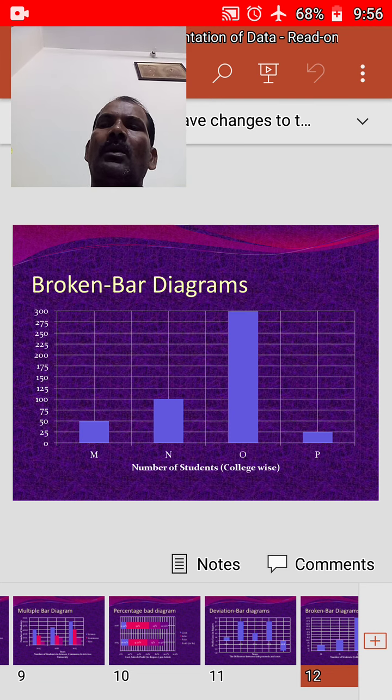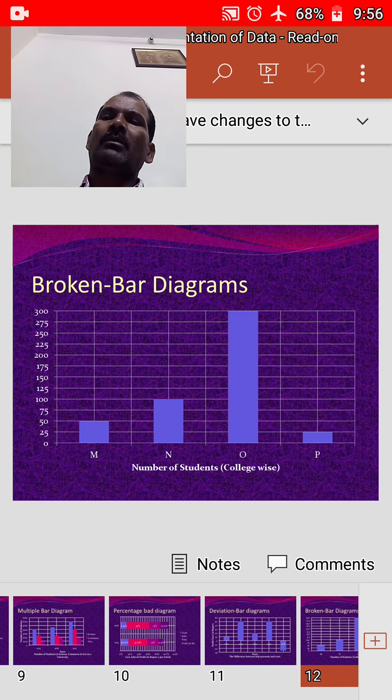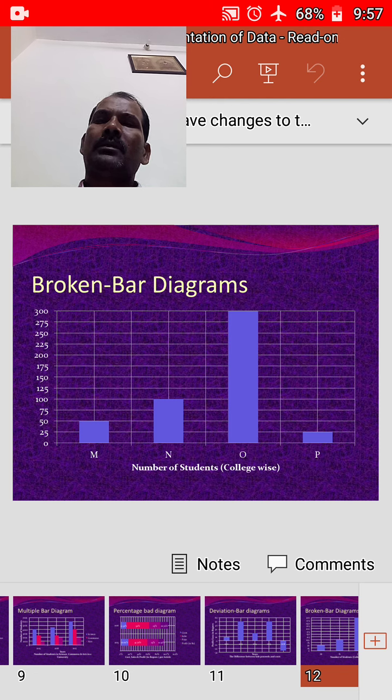Here 4 colleges have been considered, M, N, O and P. The number of students in the BBA class is 50, 100, 325.